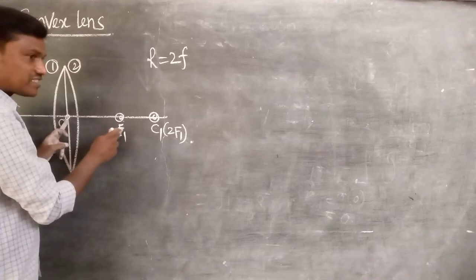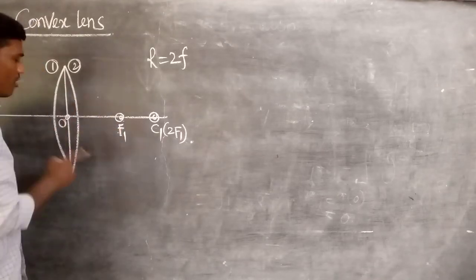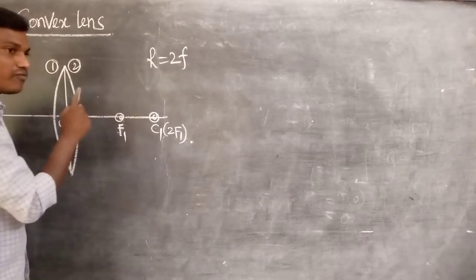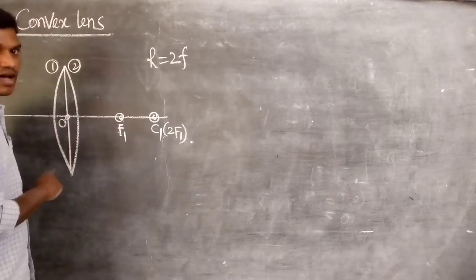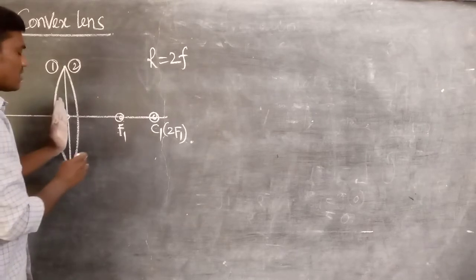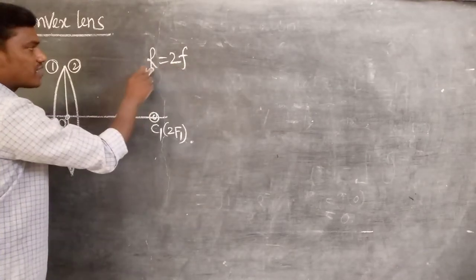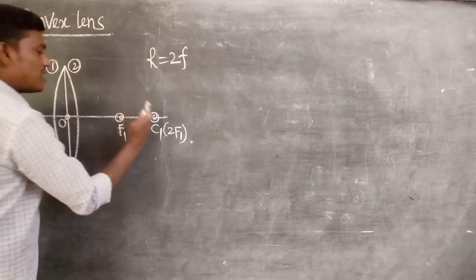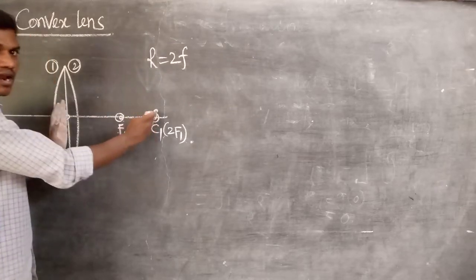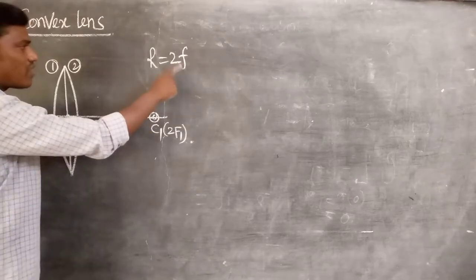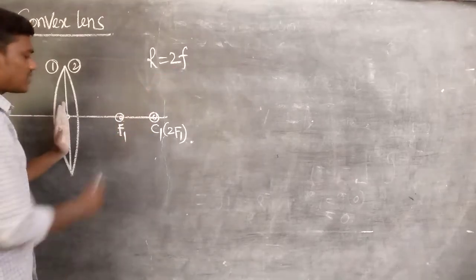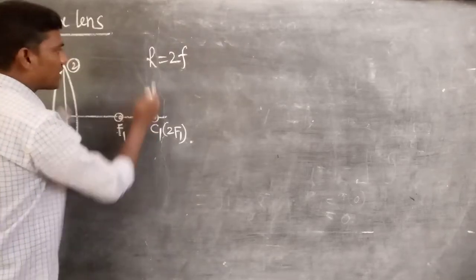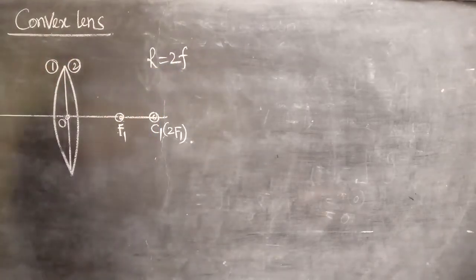The distance from the optic center or pole to the principal focus is called the focal point or focus point. F is the focal point, R is the radius of curvature, the distance from the center of curvature to the pole or optic center. F is the distance from the optic center to this point. That's why this is F, it is R, then automatically R is equal to twice F.